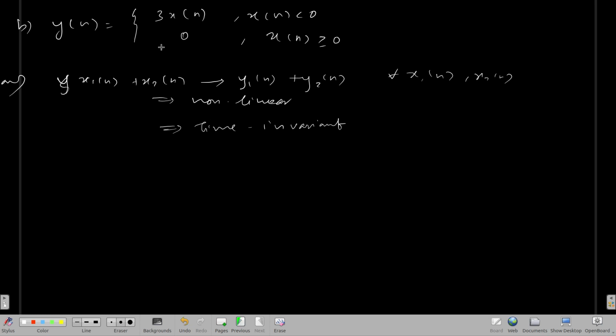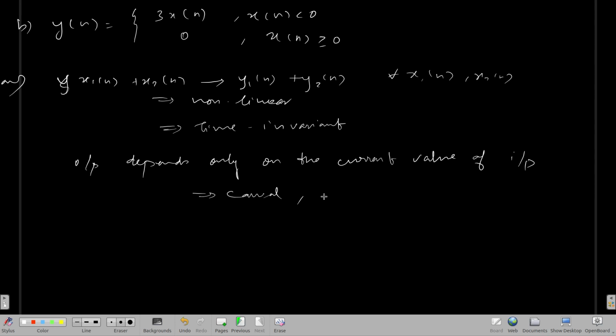The other things we have to look at are causality and memorylessness. There is no n minus something or n plus something. That is, the output depends only on the current value of the input. Therefore, it is causal and memoryless.